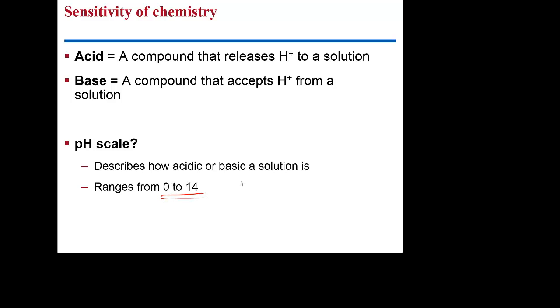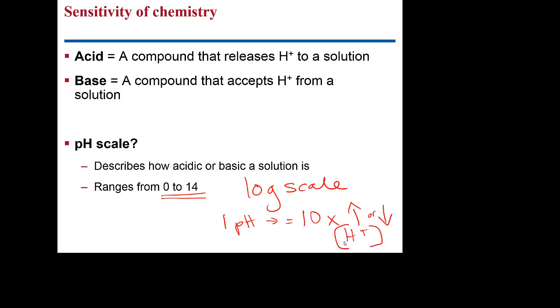And this is actually something known as a log scale, meaning that we're taking into account the fact that with each change in 1 unit of pH, this actually equals a 10-fold change, increase or decrease, in the H+ concentration.